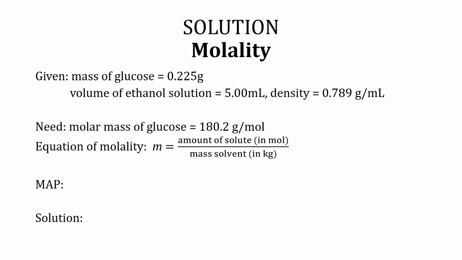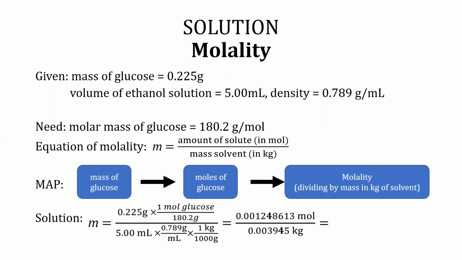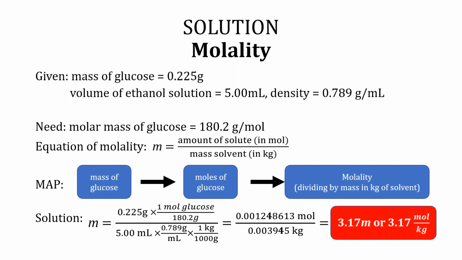Using the solution map, we start with the mass of glucose and divide by the molar mass of glucose to get moles of glucose, and then divide by the mass of the solvent in kg to get molality. After plugging in the numbers, the molality is 3.17 m, or 3.17 mole per kg.